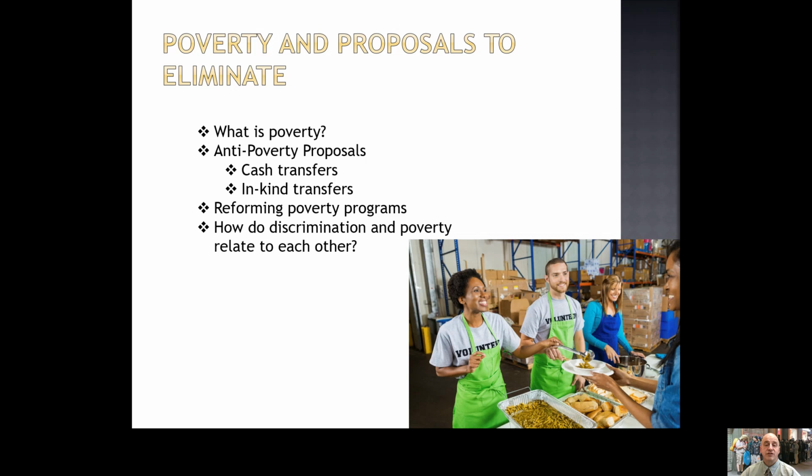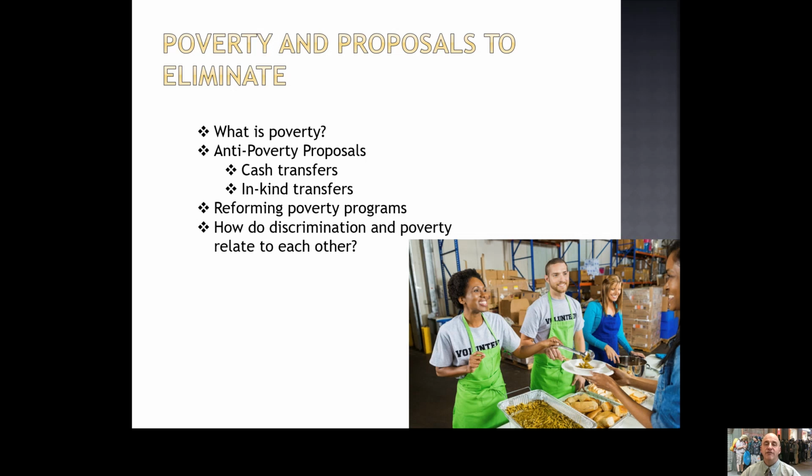Programs set up really to just give cash for individuals. And in-kind transfers are programs in which individuals receive the actual good or service. So for example, food stamps or rental subsidy, housing subsidies would be in-kind transfers.